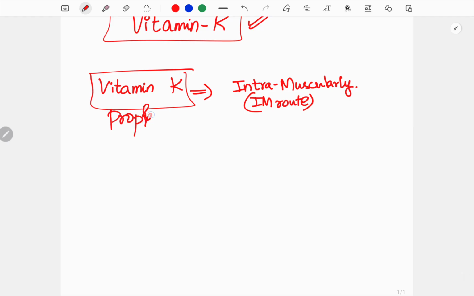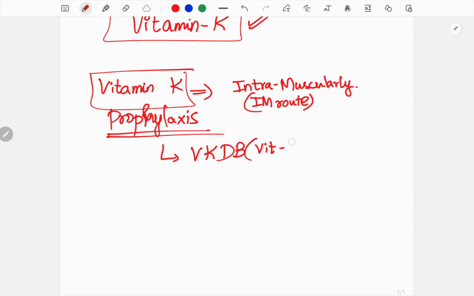Why is this vitamin K given? It is given to prevent vitamin K deficiency bleeding disorders, that is VKBD, vitamin K deficiency bleeding disorders.